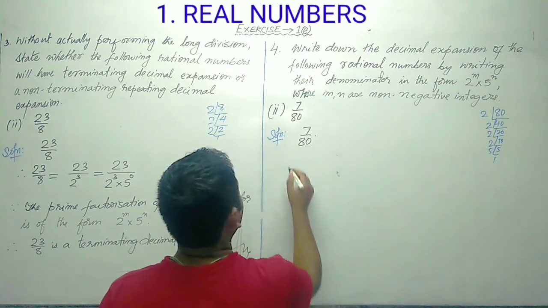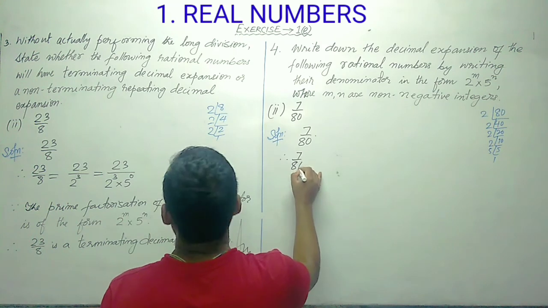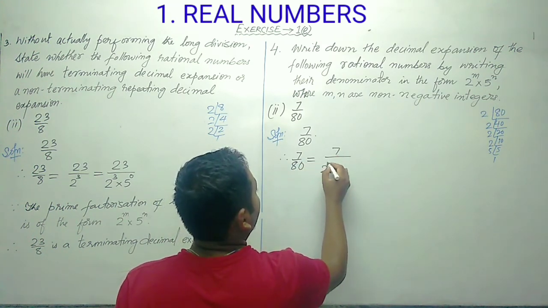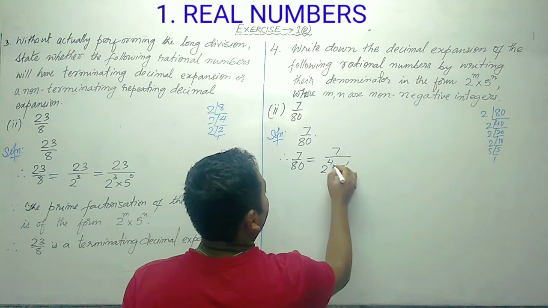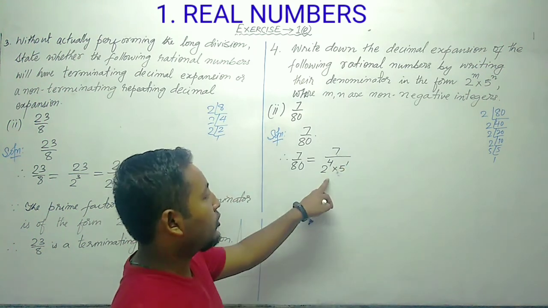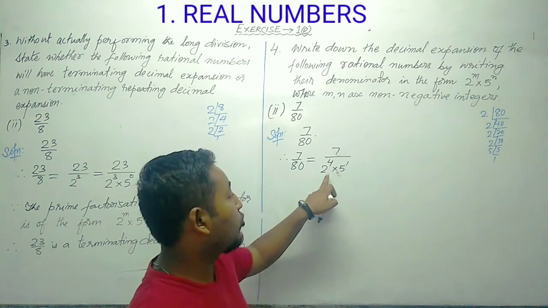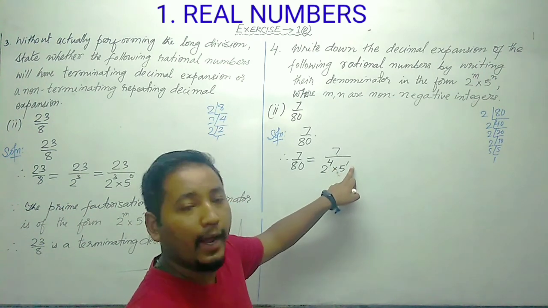So you can write down, therefore 7 by 80 equals 2 to the power 4 into 5 to the power 1, which is of the form 2 to the power m into 5 to the power n.